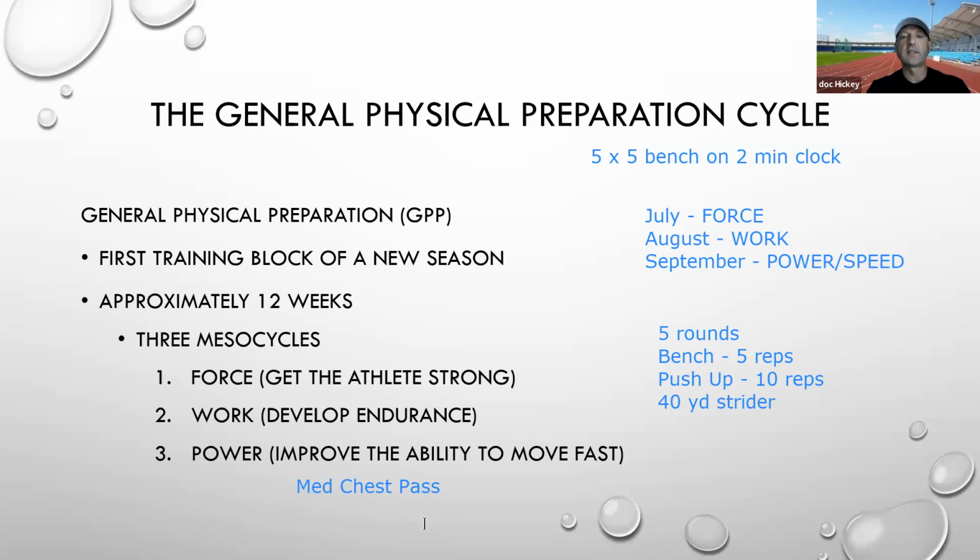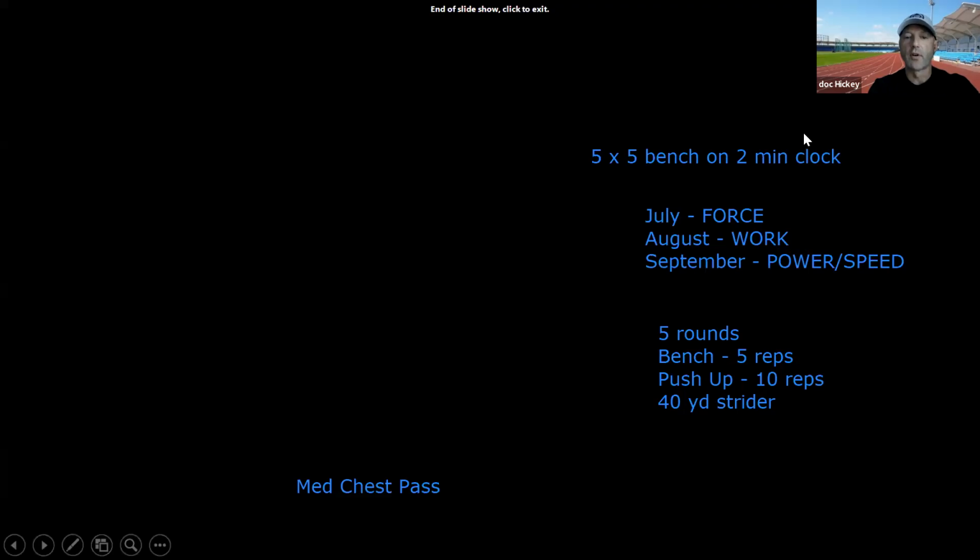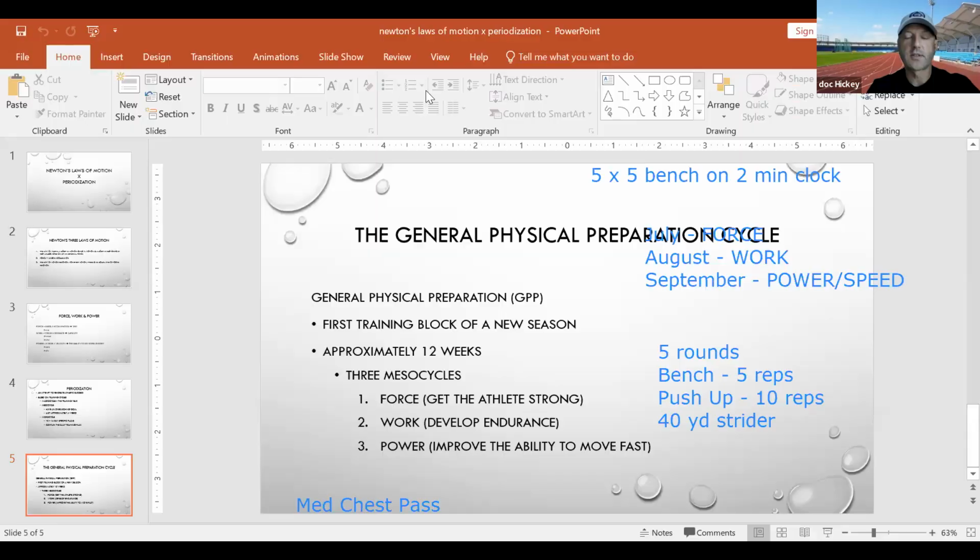And so this is how we use Newton's 3 laws of motion to govern strength and conditioning, and how we use it to set up our general physical preparation cycle.